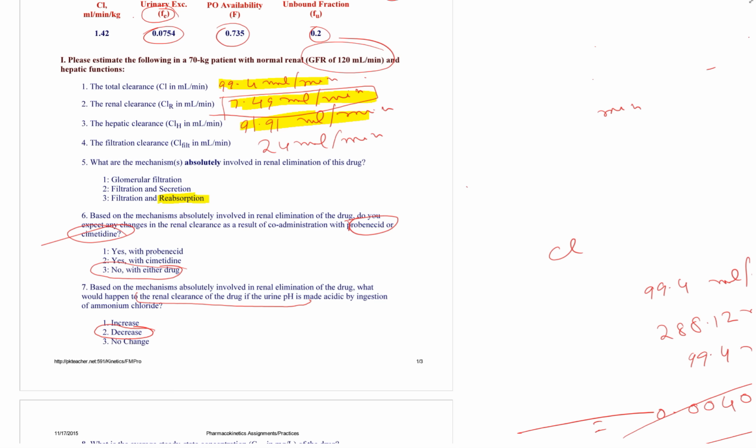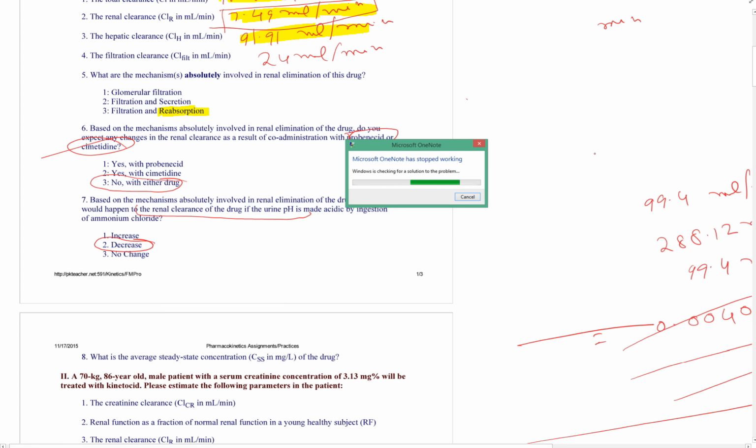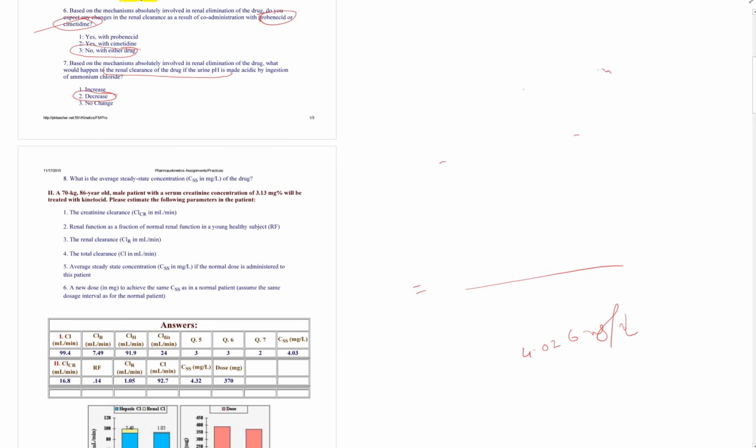Okay, there are some issues with my computer. I don't know why. What's going on again? It is restarting. Sorry, I don't know what is going on with my computer.